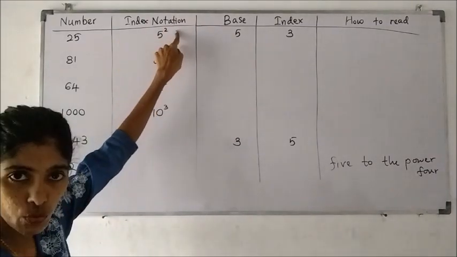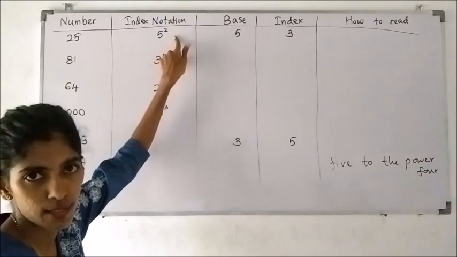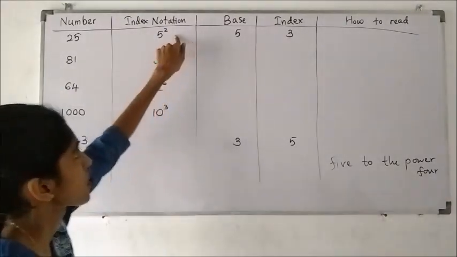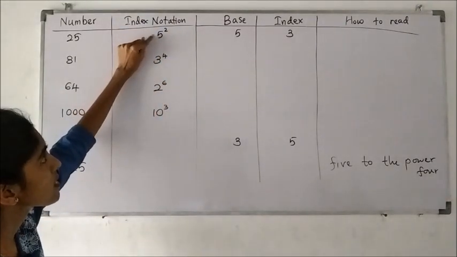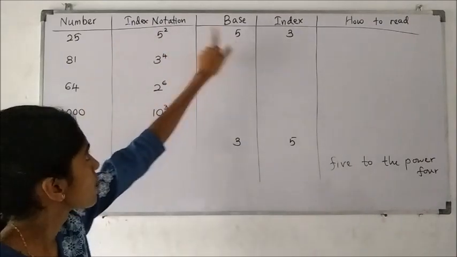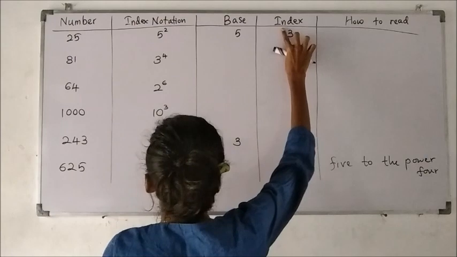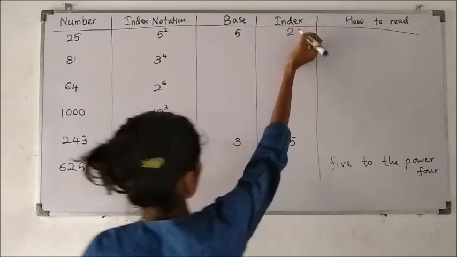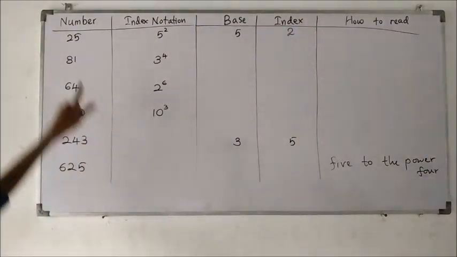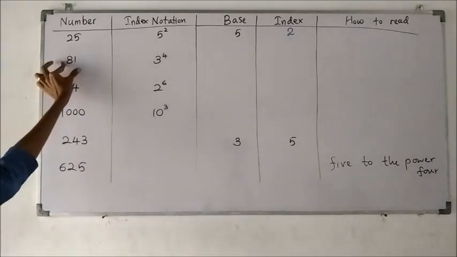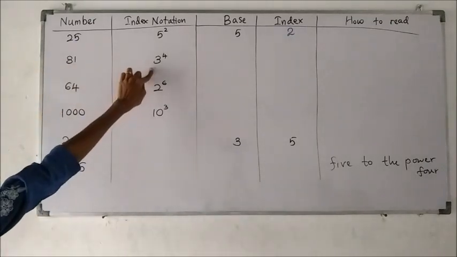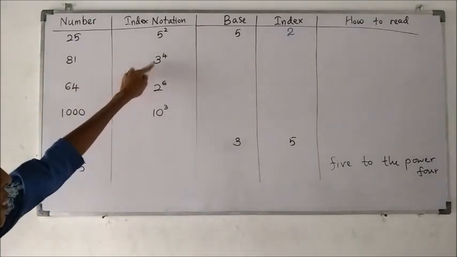5 to the power 2, 5 squared. Both the methods are correct, okay? So what is the base? This down number. 5 is the base, 2 is the index. Index must be 2. Next, 81. This 81 is written in index notation, 3 to the power 4.